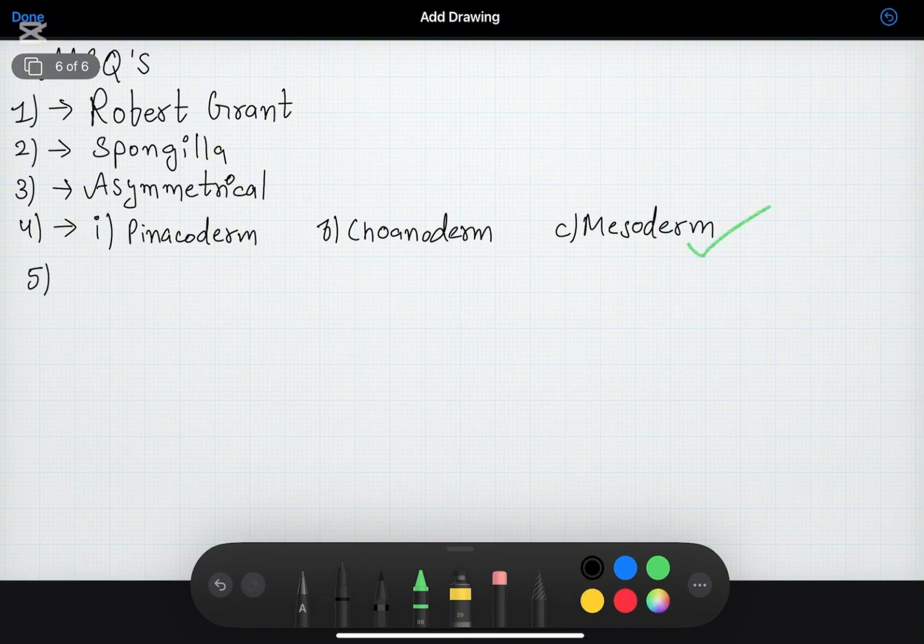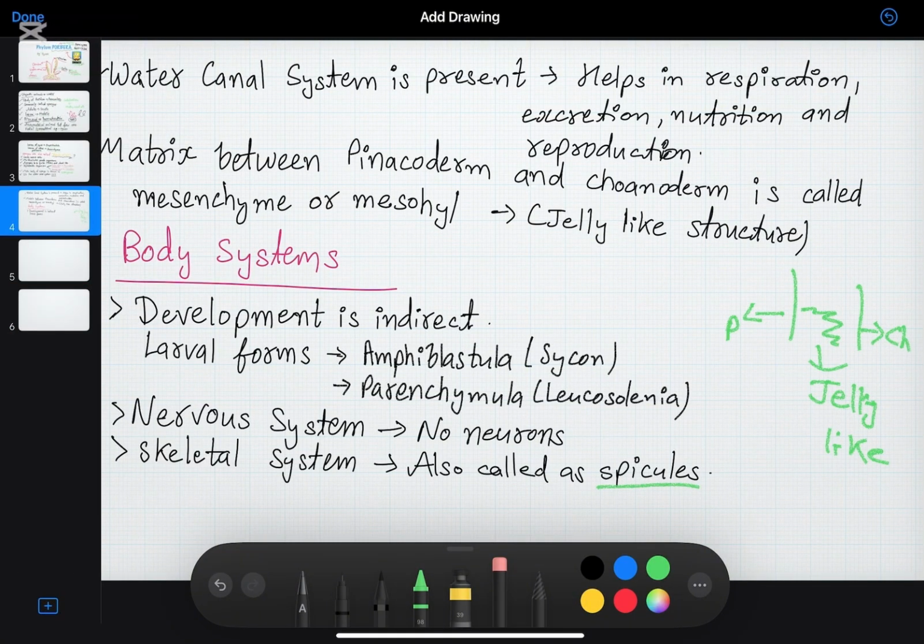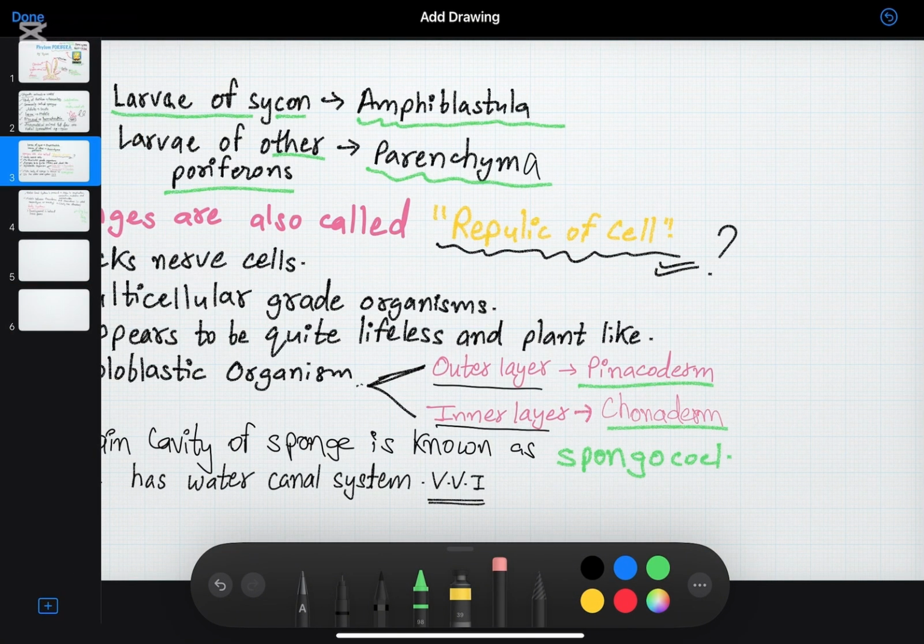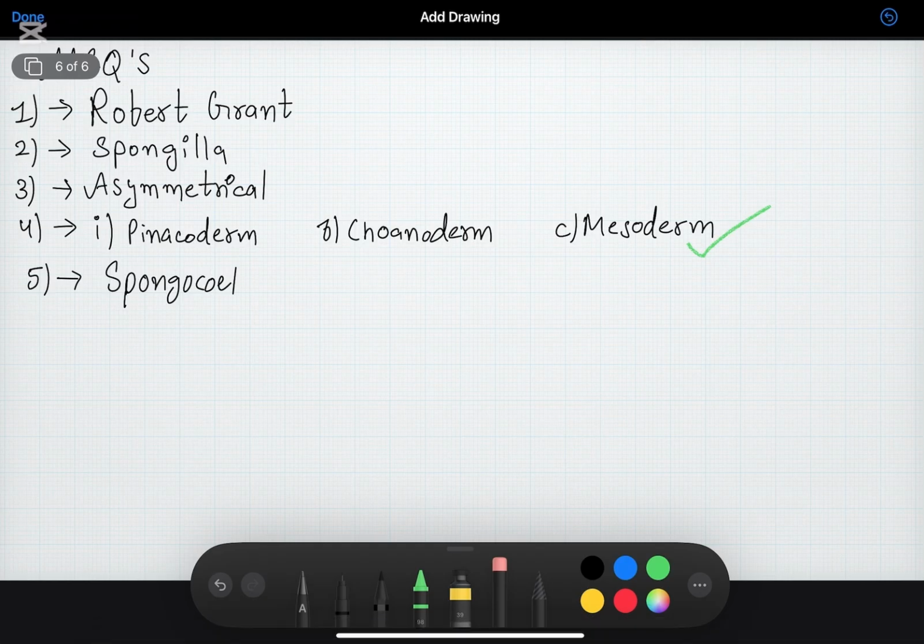Fifth question. What is the central cavity of the water canal system in sponges called? Spongocoel. I think I mentioned it before. Let's see. Yes, here it is. Spongocoel, the main cavity of a sponge. So our sixth question: which class of sponges has calcareous spicules?